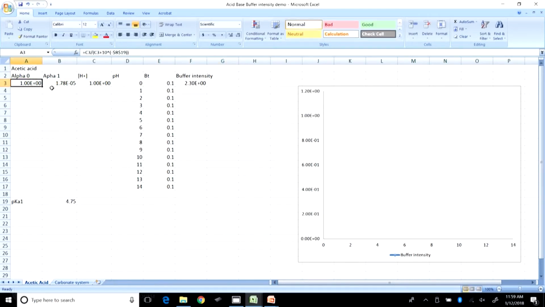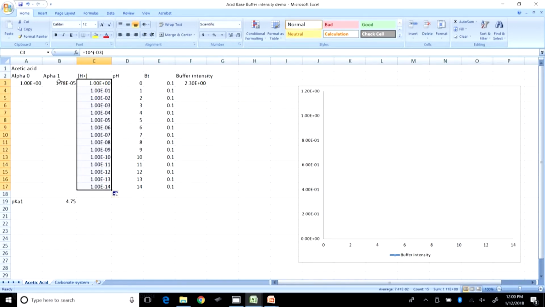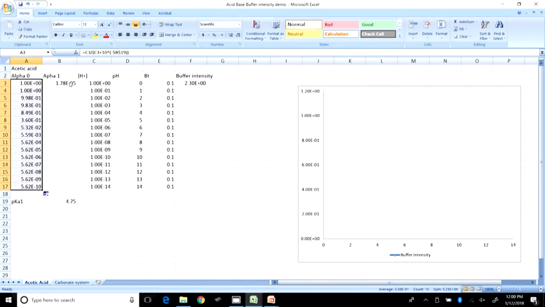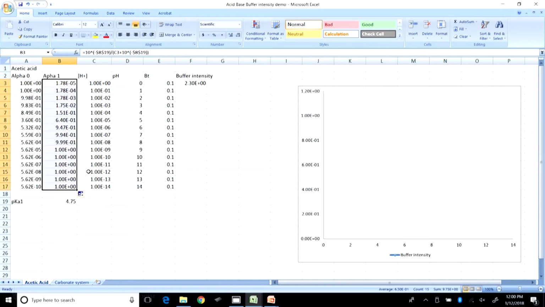So let's plug in the relevant values. Alpha naught is H plus by H plus plus K, and alpha 1 is K by H plus plus K. So that's what we have here. Let's plug in the relevant values here. Okay, so I was able to get a hang of that now, finally, and alpha naught and alpha 1, and finally the buffer intensity.